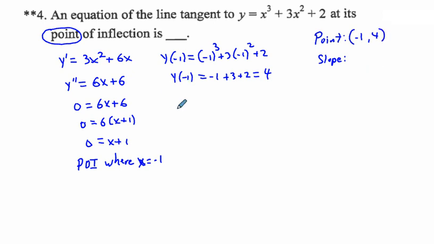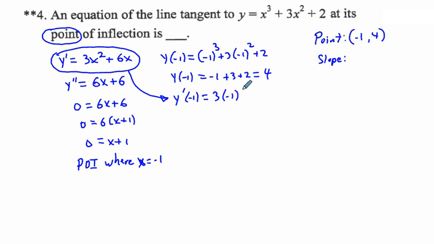Now our slope. What we have to do for our slope is we have to go and use this equation here. So I'm going to bring this down here and put in y prime of -1. It's going to give us our slope. So that's going to be 3 times -1 squared plus 6 times -1.